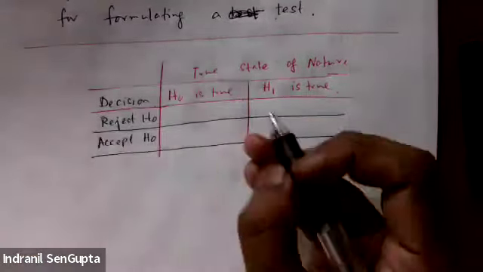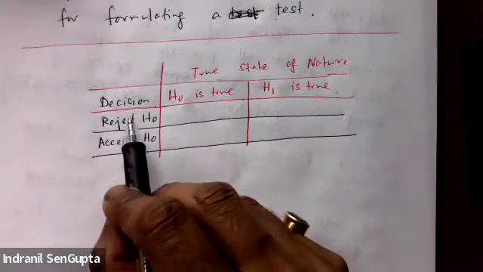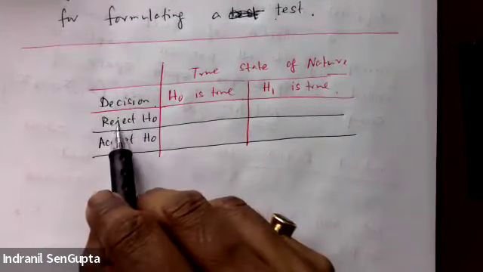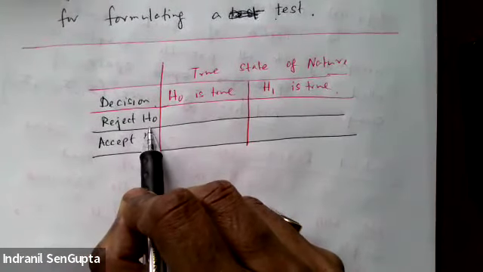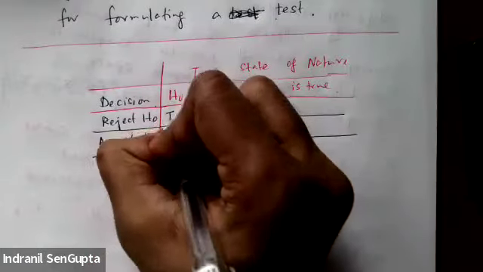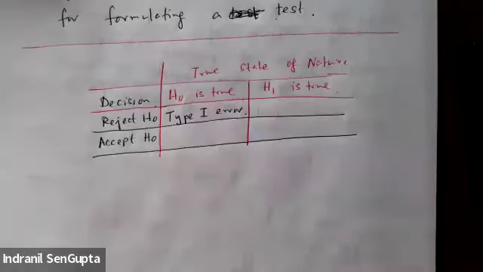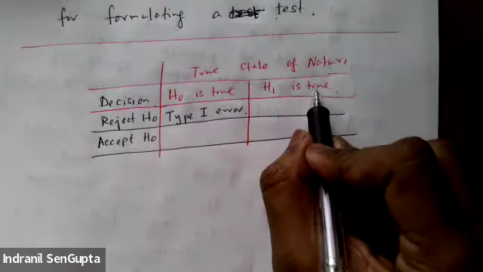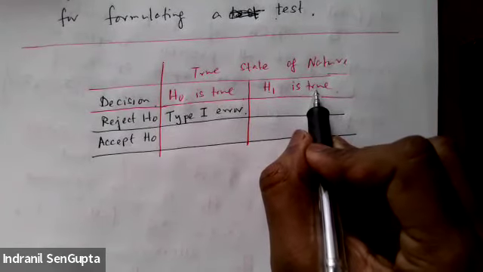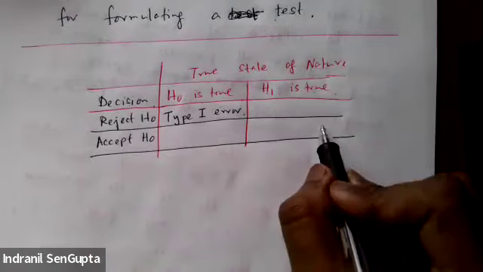Now look at the first case, where H0 is actually true but we rejected H0 after our test. So we made some error, right? This error is called a type 1 error. Alternatively, if H1 is true, so that means H0 is not true, but we accept H0, we make another kind of error.